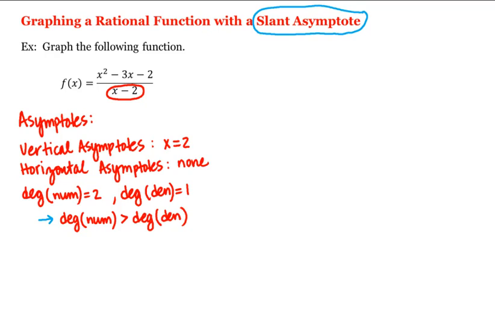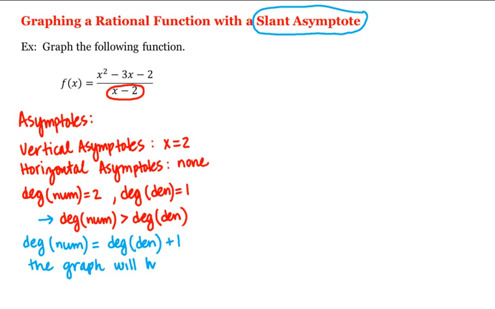And with rational functions, when the degree of the numerator is equal to the degree of the denominator plus 1, the graph will have a slant or oblique asymptote.